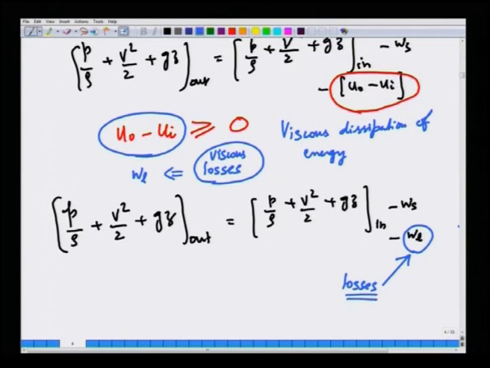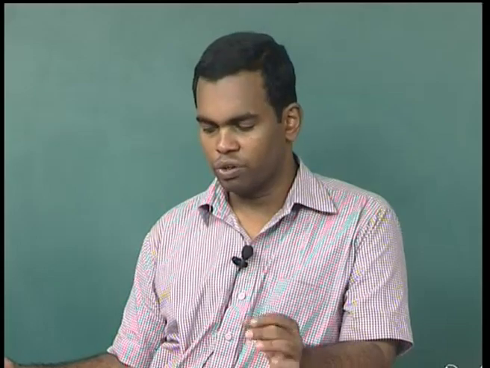Okay. How these losses are computed for simple systems, we will come to a little later when we do differential balances of momentum. Okay. But right now we know for sure that losses are there. Whenever there is a fluid flow, there will be loss of energy from macroscopic form, be it pressure head or kinetic energy head or the gravitational potential energy in any form, to the internal degrees of freedom, which is the internal energy.